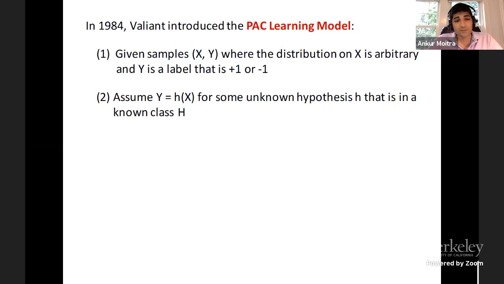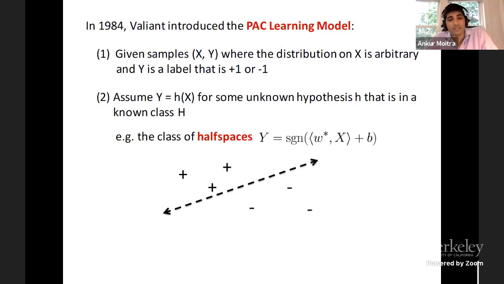And the other assumption that you make is that there is some known hypothesis class, capital H, and there's some unknown hypothesis, little h, that lives in that class, and that all of your labels fit that hypothesis. So for each y that you observe, y is equal to h of x. So let's see what this framework looks like with some concrete examples. One of the most important and fundamental classes of hypotheses is the class of all half spaces.